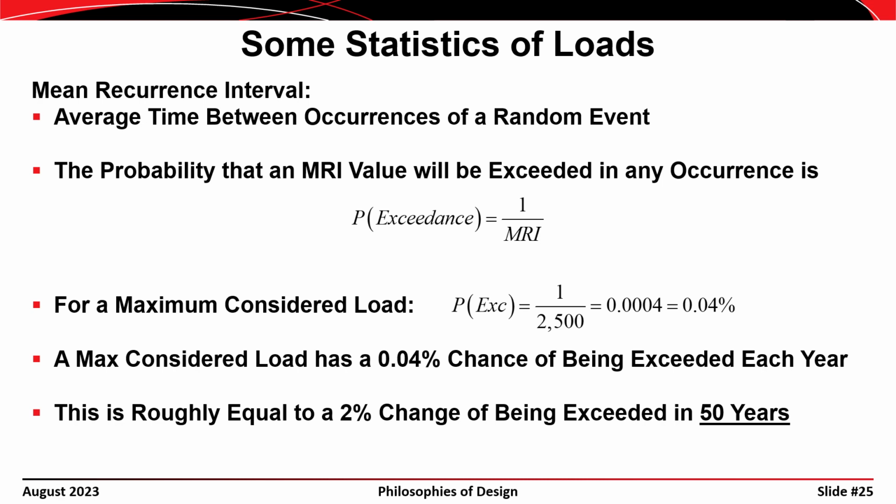So when we look at the design of our structures, we talk about a 50-year mean recurrence interval on some loads. We talk about a 2,500-year mean recurrence interval on other loads. And we talk about the arbitrary point in time value of still other loads.